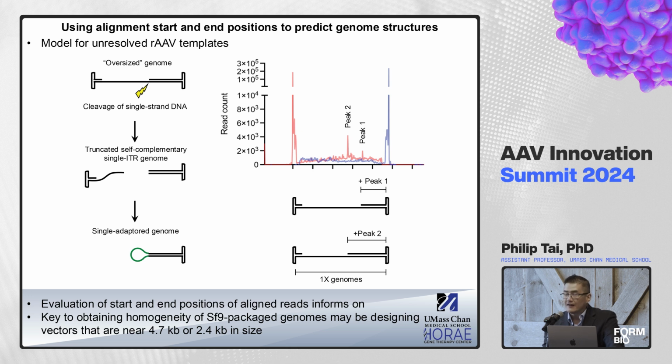If we do start and end position analysis on all of the reads, we typically see these form in peaks, right? And so here's where you can start to define how these genomes persist when combining the composition of these double-strand unresolved genomes, and then look to see where their start and stop positions are centered.